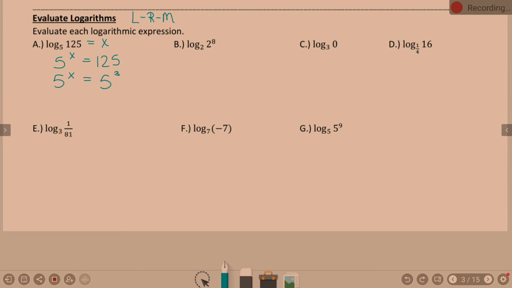Well, 125 is 5 to what power? And we know that it is 5 to the 3rd power. If 5 to the x is 5 to the 3rd, guess what? If your bases are the same, your exponents are the same. So what we know, log base 5 of 125 is equal to 3.